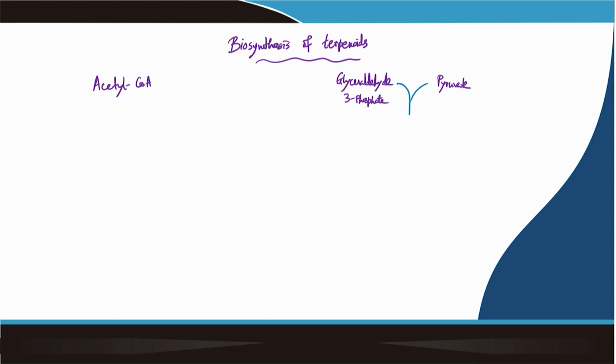These two join together and ultimately contribute to the formation of the MEP pathway. Whereas, from acetyl CoA, the MVA pathway originates.